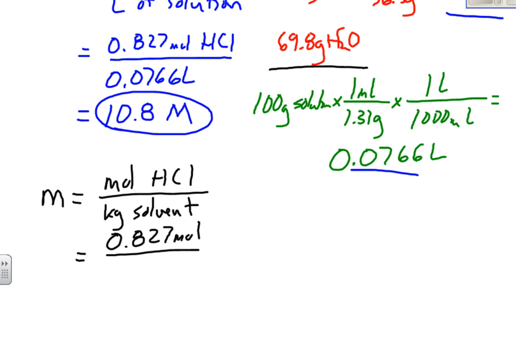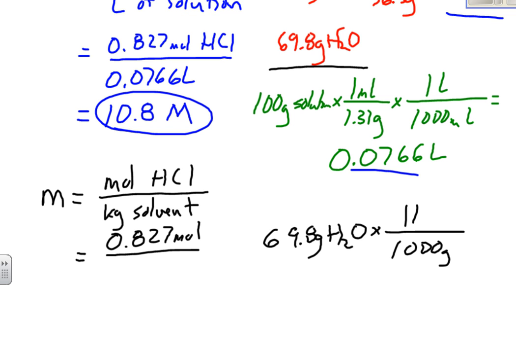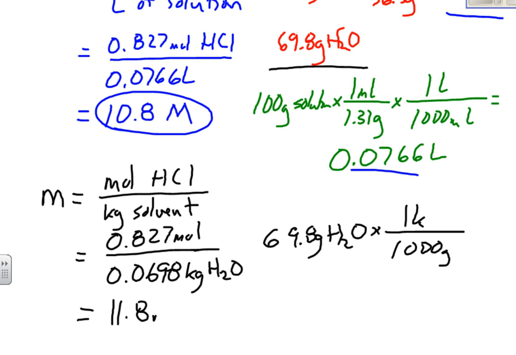Right up here. We had 69.8 grams of H2O, which is our solvent. And we need kilograms, so 1,000 grams to 1 kilogram gives us 0.0698 kilograms of water for the solvent, which then gives us a molality of 11.8 molal.